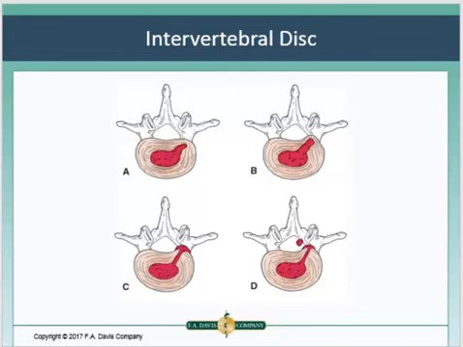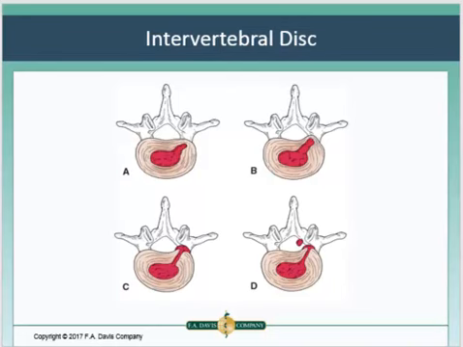This picture is showing varying amounts of disc breakdown. The first one is a breakdown of the fibrous layers, and the annulus has some displacement, but it's still within the disc material. In picture B, there are some fissures that are starting to break, and the material is bulging out against the outer area of the annulus. So this would be considered a disc protrusion.